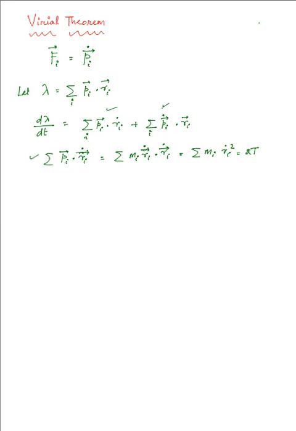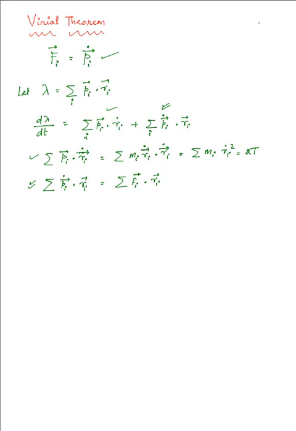Now as for the second term, what we'll have is the sum over Pi dot with Ri. Now Pi dot is the force Fi, from Newton's second law that we had just discussed over here. So Fi dot Ri is nothing but the energy term or the work that is done.